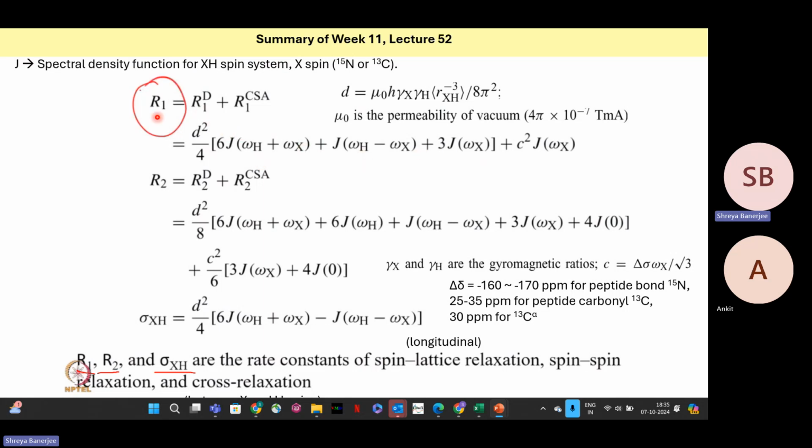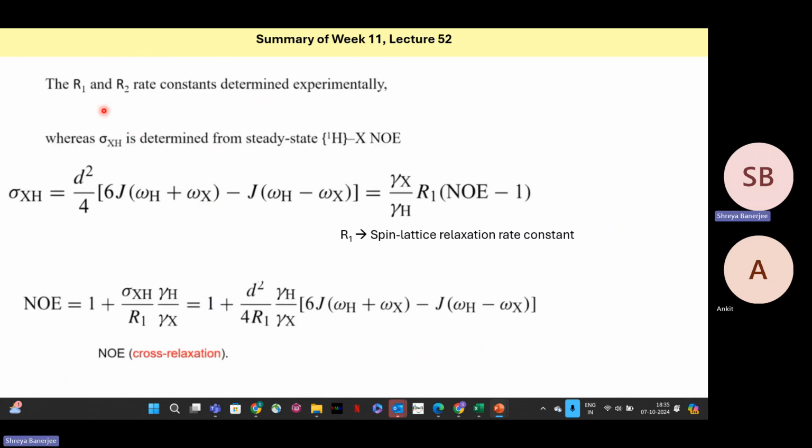So basically, these observable NMR quantities, that is the rate of spin lattice relaxation, the rate of spin-spin relaxation, and cross relaxation, these can all be correlated to the spectral density functions.